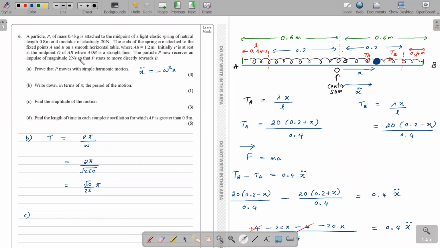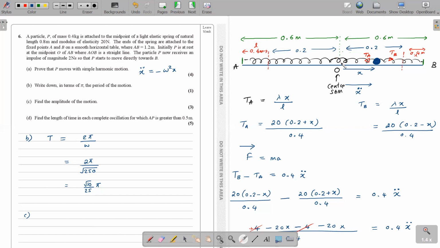You do realize that the speed you have at the center of SHM is the maximum speed. When you go towards the amplitude, you get slower and slower, and at the amplitude your speed becomes 0. So the moment you provide the 2 Newton seconds, that's when you are at the center.